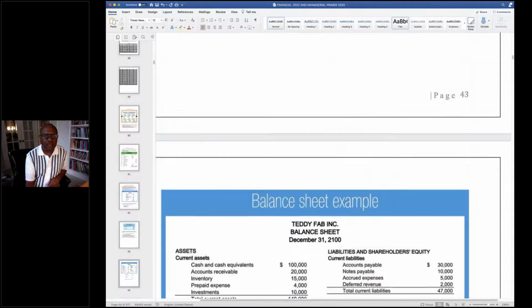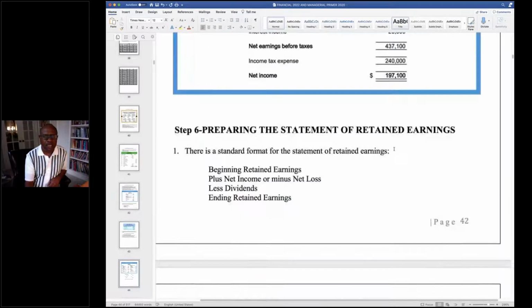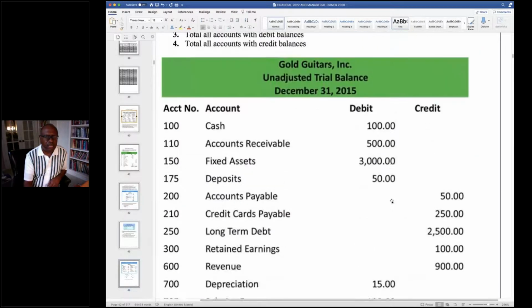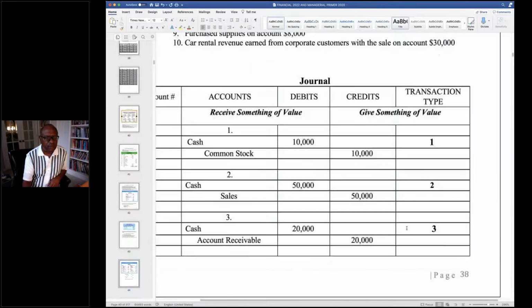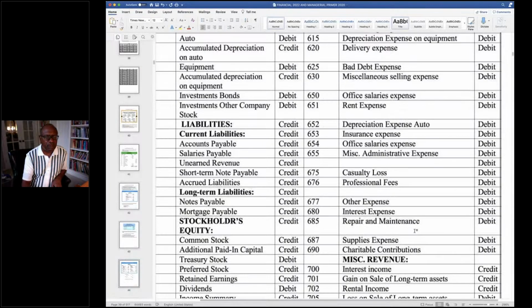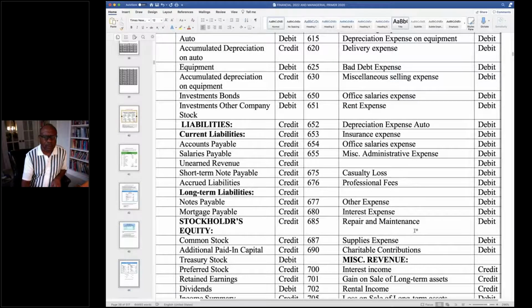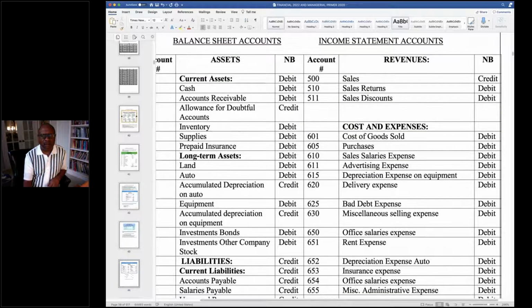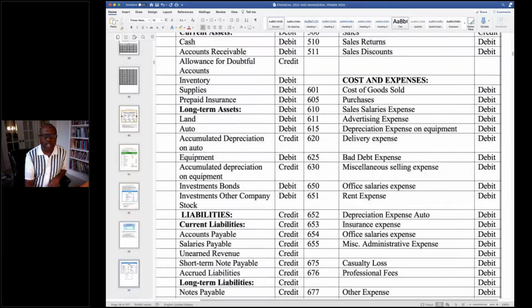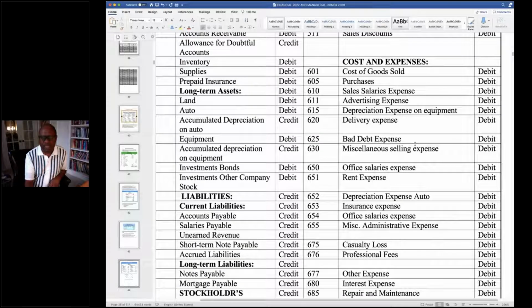Okay, so let's go back up here to the chart of accounts. But those are good questions. In your chart of accounts, here is your revenue, here are your expenses. They would have been debited when they were created. So advertising expense is debited.